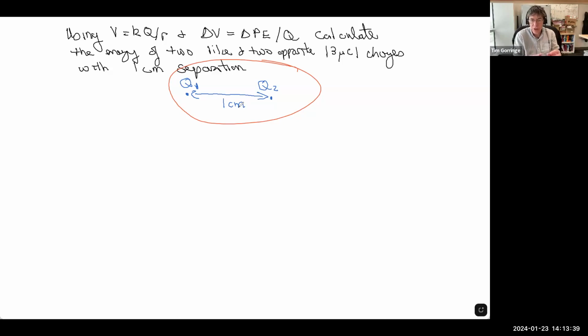We have to force those charges together. When we push those charges together, we do work. We're transferring energy.